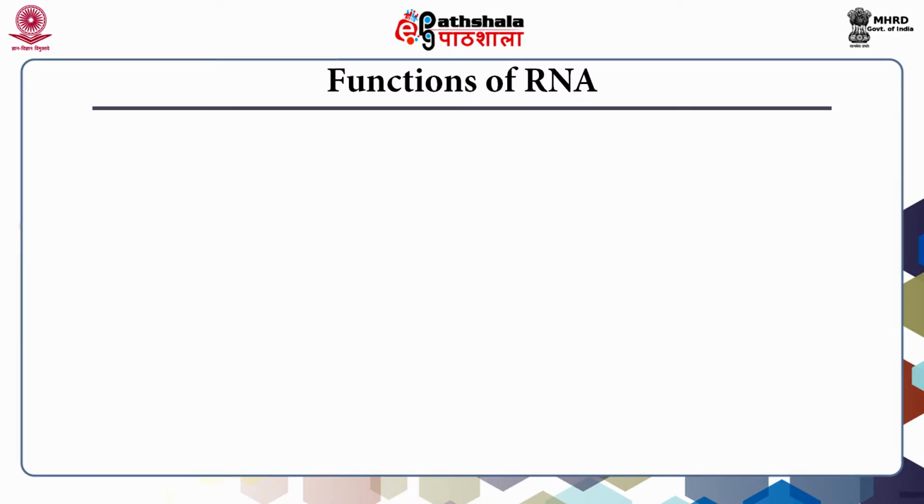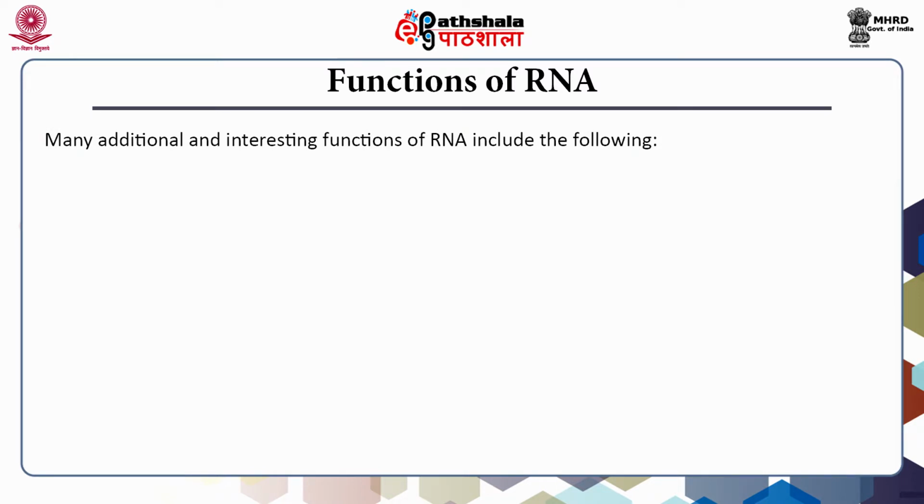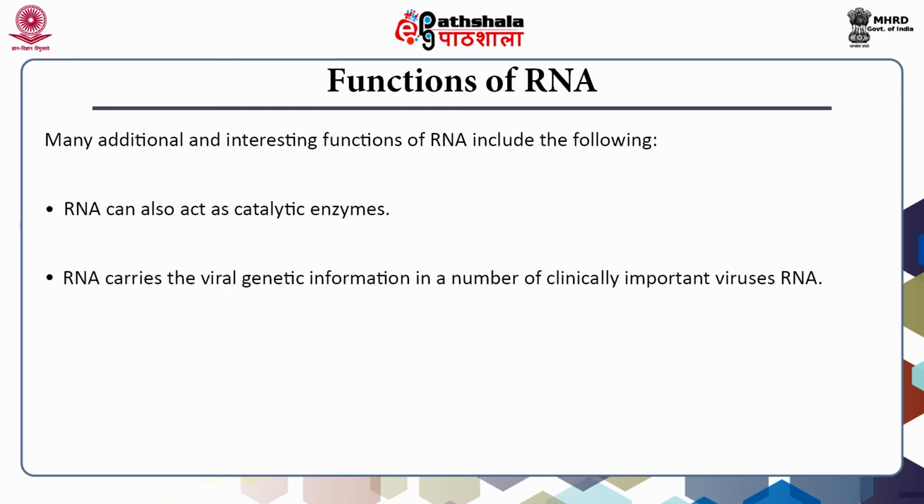Apart from its role in transcribing the genetic information from DNA into protein, many additional and interesting functions and properties of RNA have been discovered with research in recent years. These are that RNA can also act as a catalyst, what is called ribozymes. RNA carries the viral genetic information in a number of clinically important viruses.